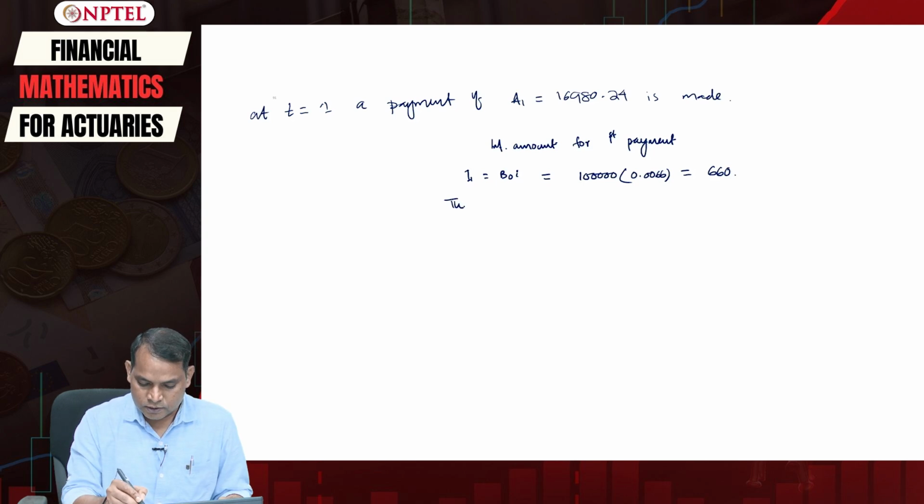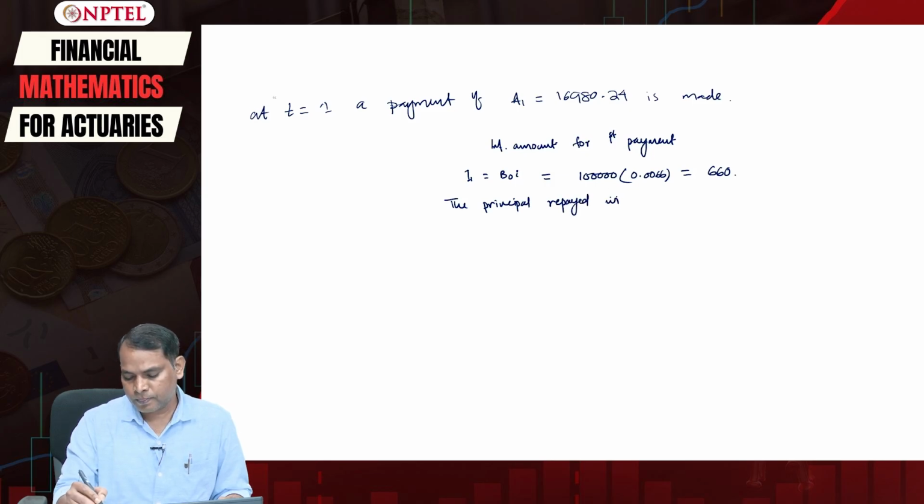So the principal repaid in the first period is therefore A1 minus this I1, okay.